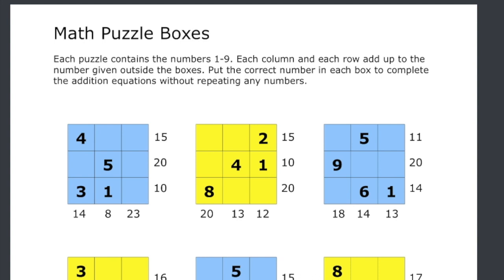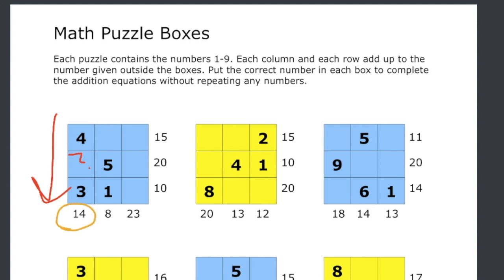So let's go ahead and start with 4 and 3. Here we go. We have the first column with 4, a missing number, and 3, and they have to add up to the number 14.